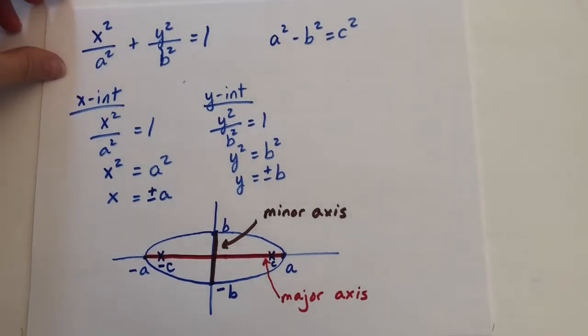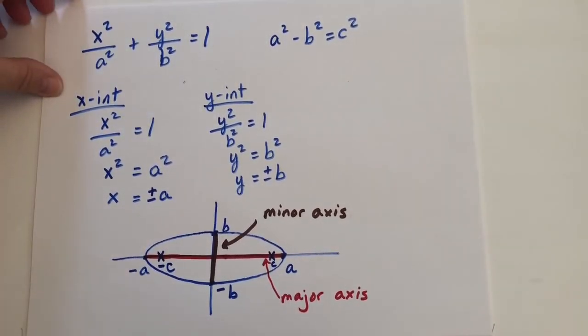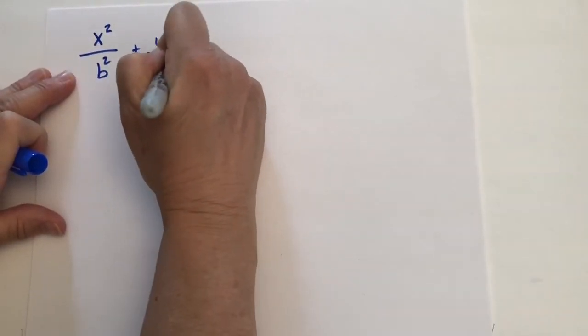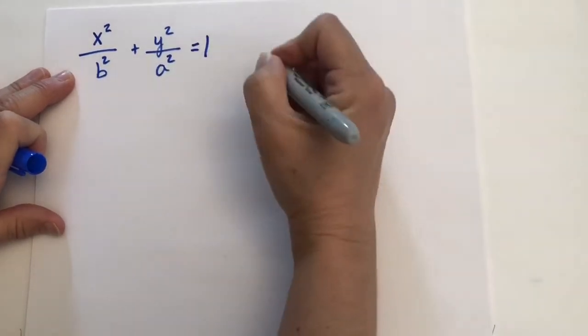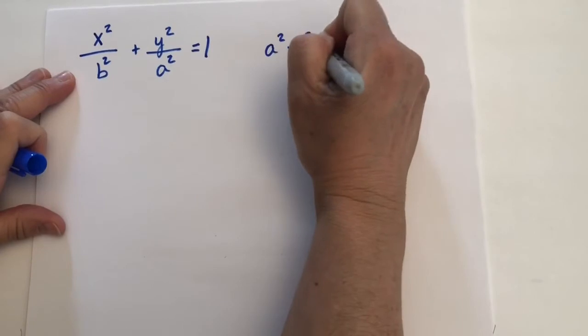If we orient the ellipse the other direction so that the major axis is vertical, here's the way the equation would look. It would be x squared over b squared plus y squared over a squared equals 1. Again with a squared minus b squared equaling c squared.